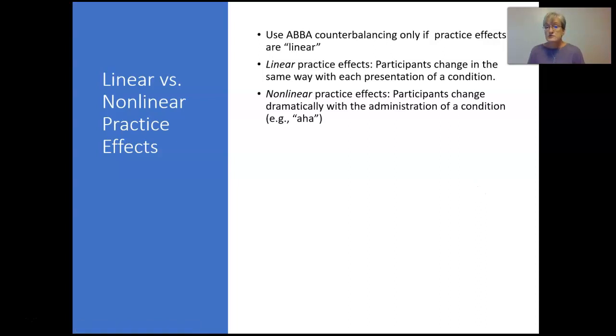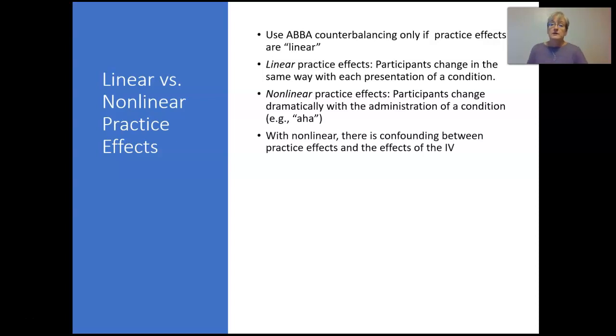You would have to use a different form, typically block randomization. So with nonlinear practice effects, you have a built-in confound between simple practice or learning and the independent variable, which would be the distinctive feature making the conditions differ from one another.